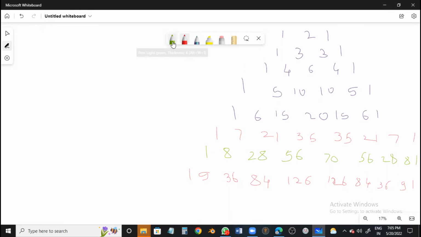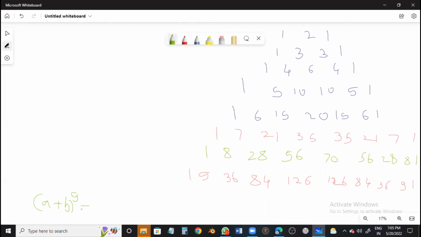Okay. Now what is going to happen? Whenever I write (a + b) raised to 9, then I have just to go very sequentially with these coefficients.